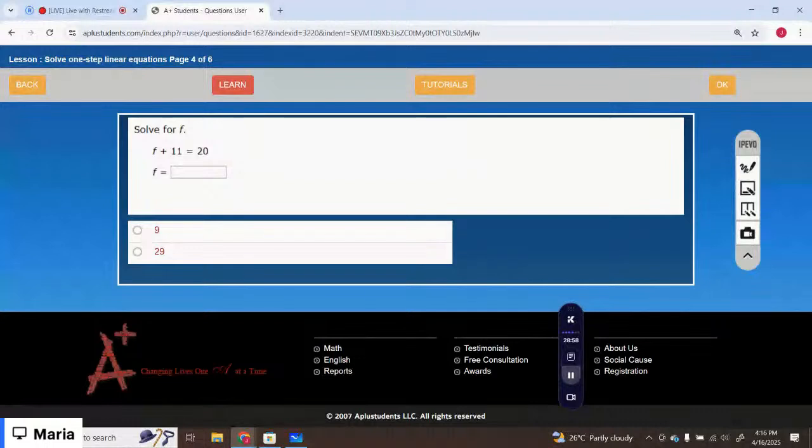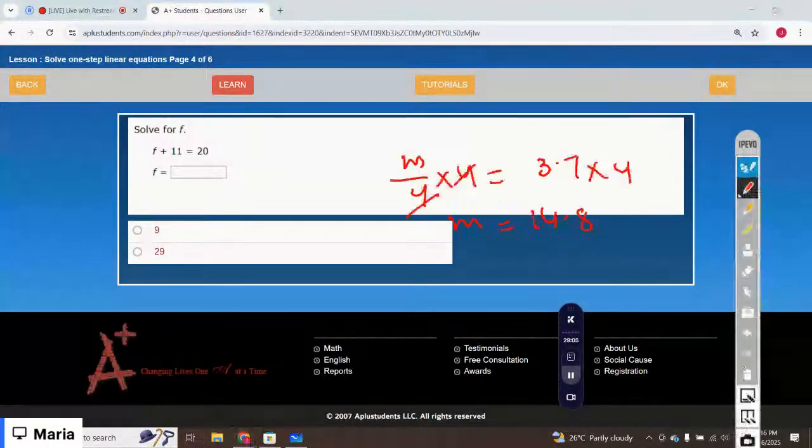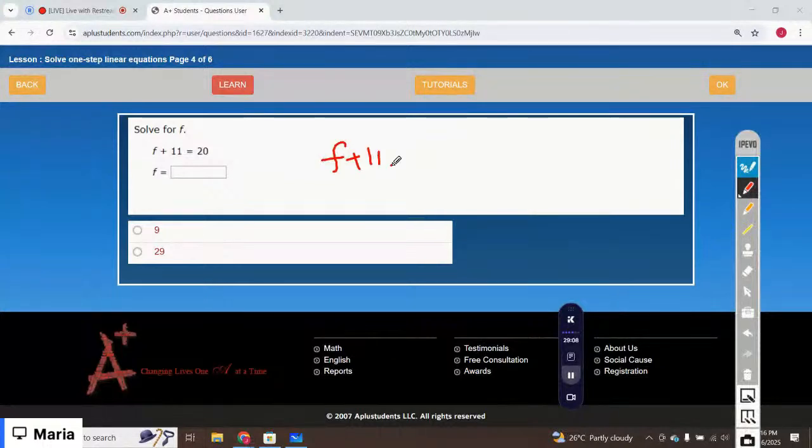Solve for F. So you have to undo the operations. F minus 11 equals 20 minus 11. So 11 minus 11 cancels, and F equals 20 minus 11, that is 9. Option number 1 is the correct option.